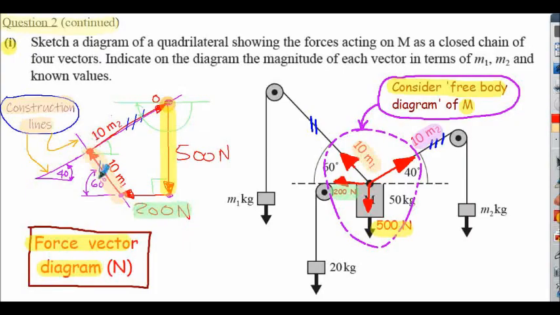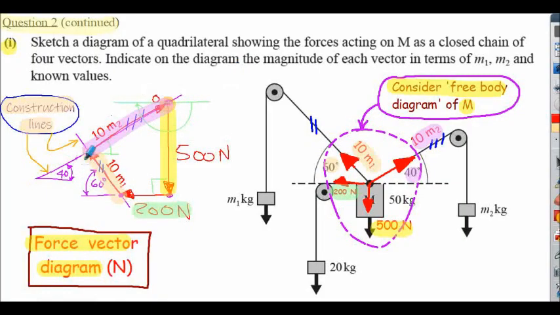This construction line is at 60 degrees to horizontal because that's what we're given in the question. We don't know how far to draw the line, but it's just a construction line. Then we consider our origin, and we draw a construction line, this time at 40 degrees to horizontal. And where these two lines cross, we can then sketch in the actual force vector diagram.